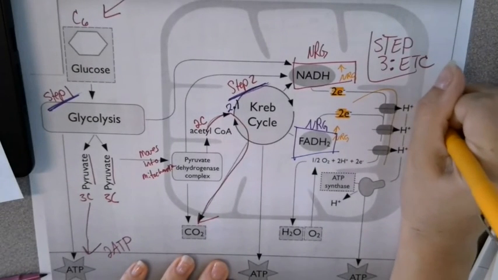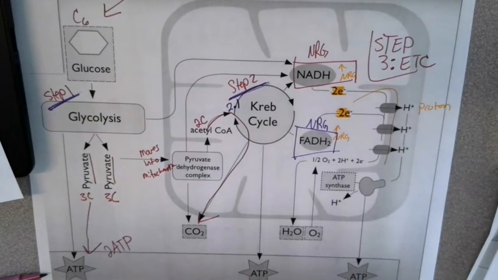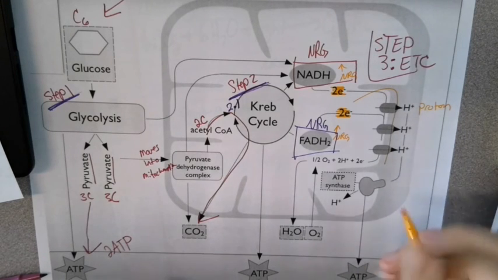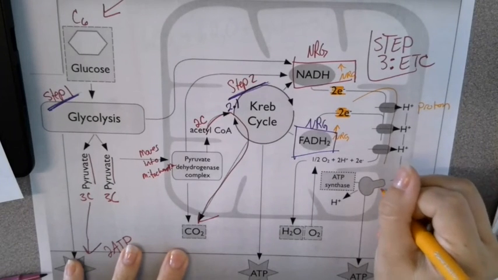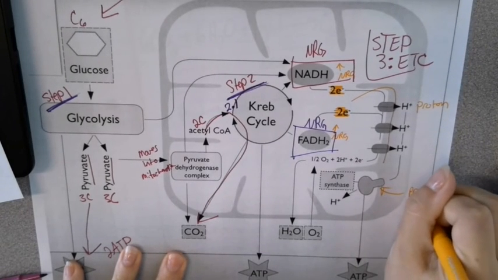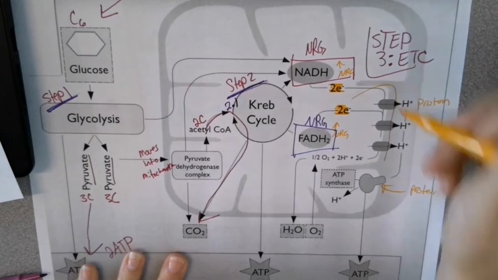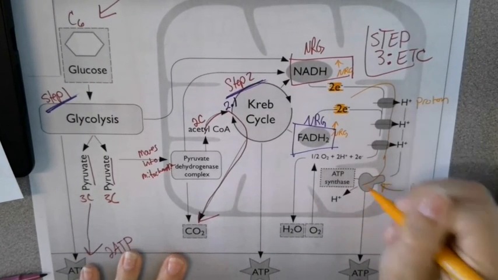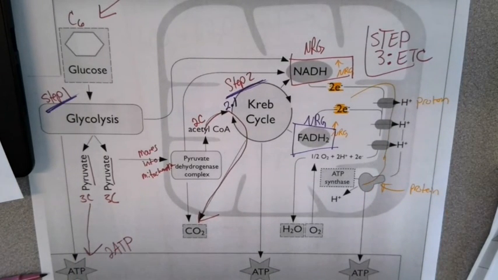I'll label it off to the side just so we can kind of see that. So it's going to be transferred through a series of protons. And the energy will also go through proteins, which is what we have here. So it's going to go first through our protons, and then it's going to go through our protein.